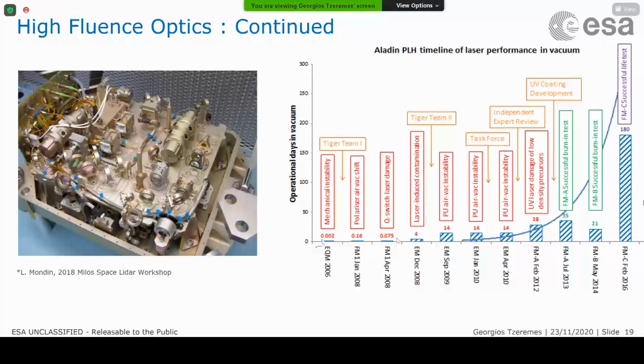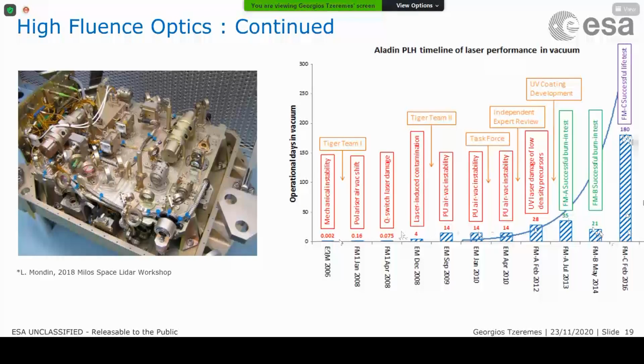It looks funny, but in reality, it's sad that the first test we did in an EQM for the Aladdin power laser head didn't last more than a few minutes, and we had to go in 2 years later in the first EM to switch it on, and after 4 days it was complete due to laser-induced contamination. So you see how many failures we had until we were able in 2016 to reach 160 days of operation.